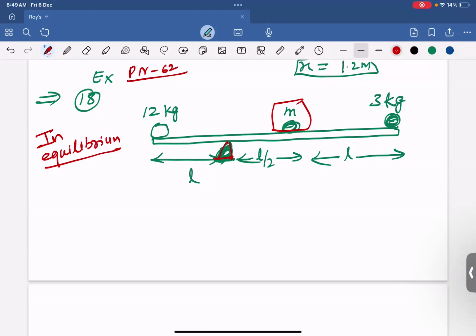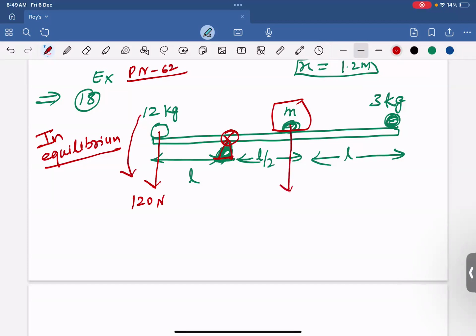That net torque will be zero because it is in equilibrium, and then we can find the value of M. If I take this as the axis, then 12 kg means its weight is 120 Newton. It is acting downward, so it tries to rotate the rod in an anti-clockwise manner.